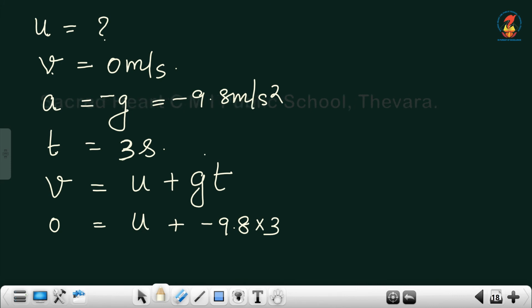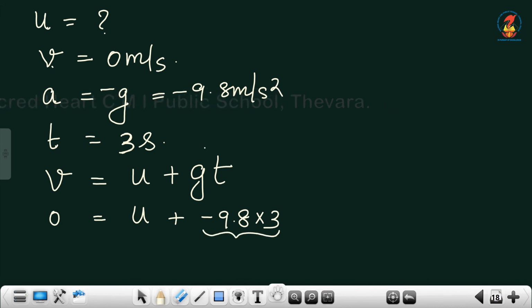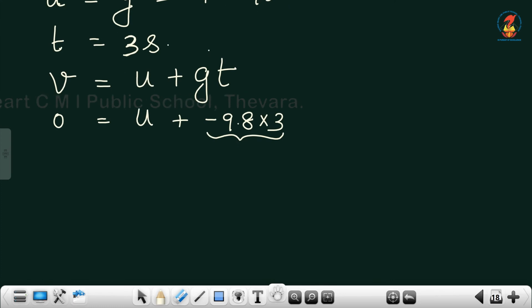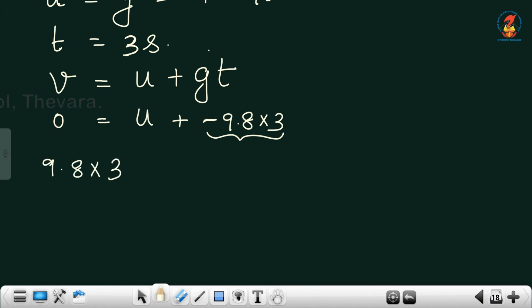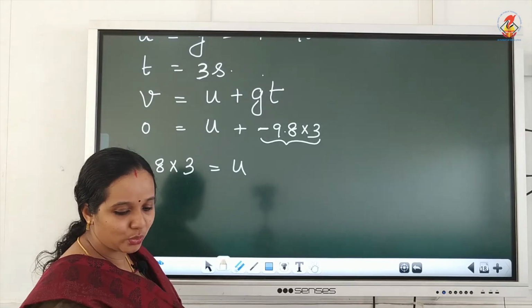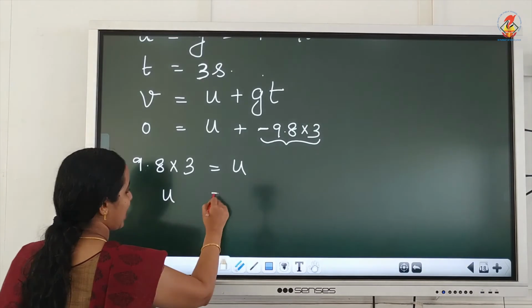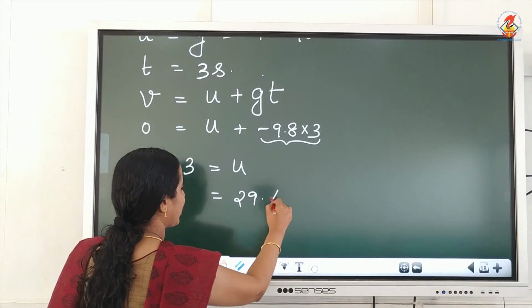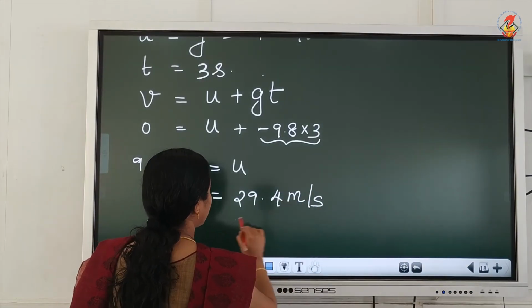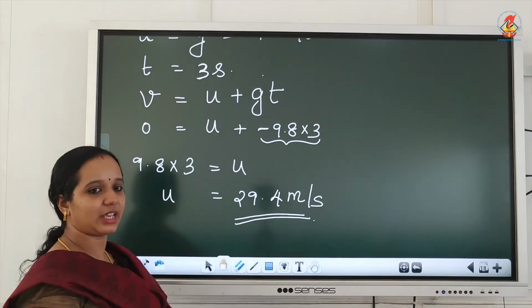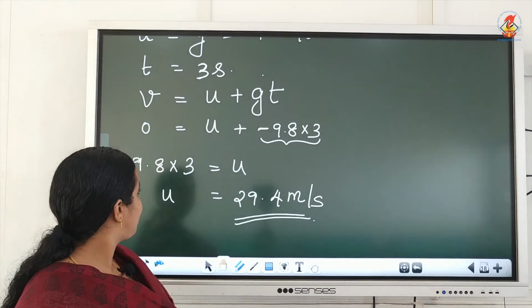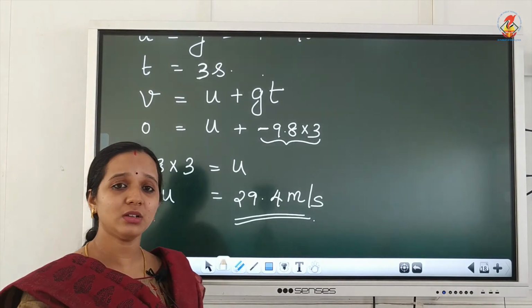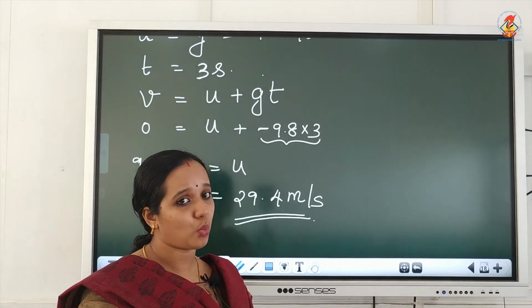Now take this minus 9.8 into 3 to the other side. When the minus sign moves to the left hand side, it becomes positive. So 9.8 into 3 is equal to U, and on solving that you will get U is equal to 29.4 meter per second. Now that is the value for initial velocity.